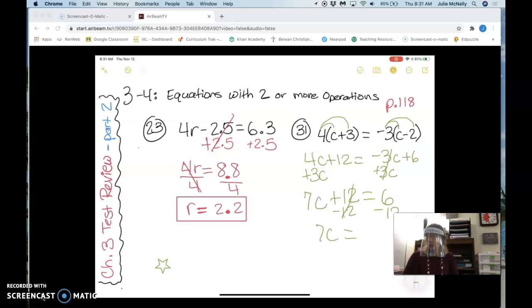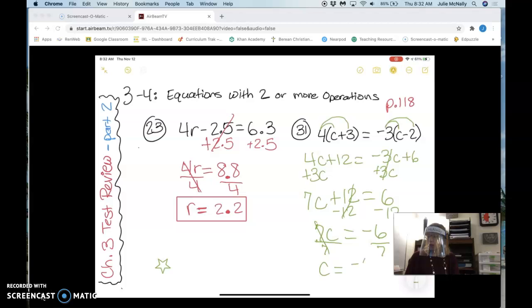And what is 6 minus 12? Negatives. Ooh, this is yucky. Okay, we did it right. So the last step is what? Divide by 7. Divide by what is next to the variable.